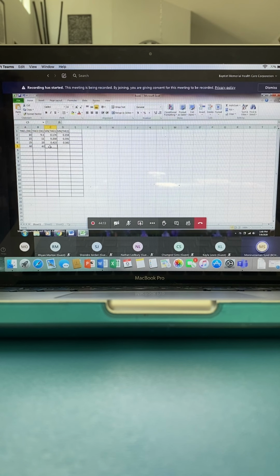All right, let's try sine of 60 degrees. That is going to give you 0.866. And let's do sine of 41 degrees. Sine of 41 is going to give you 0.656.